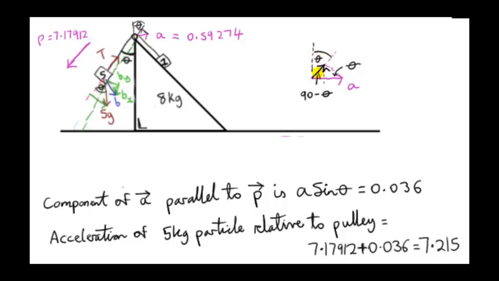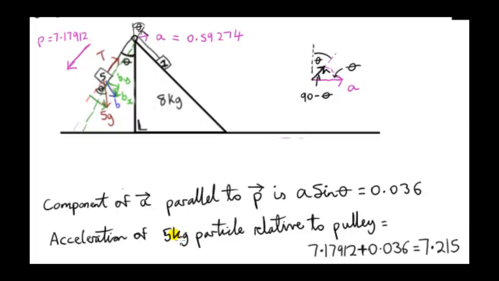So it means that the one next to it must be 90 minus theta, because this dotted line is vertical. If this angle is 90 minus theta, this one over here is theta, because we're in a right angle triangle. So what we're looking for, this component here, parallel to vector P, is the hypotenuse A times sine of theta. So we plug in the value for A, this value here, and the value that we got for theta that we saw previously, and we get this value.